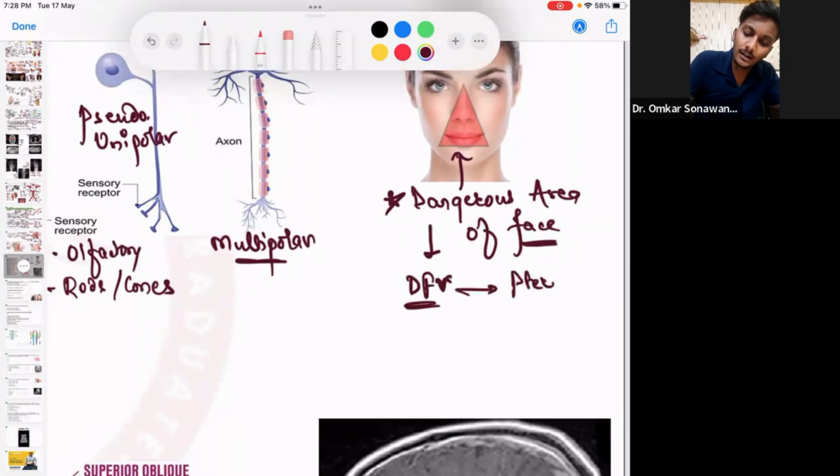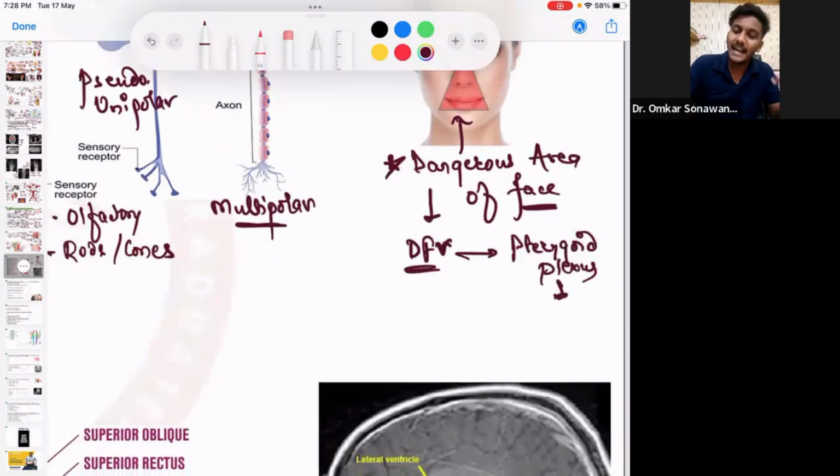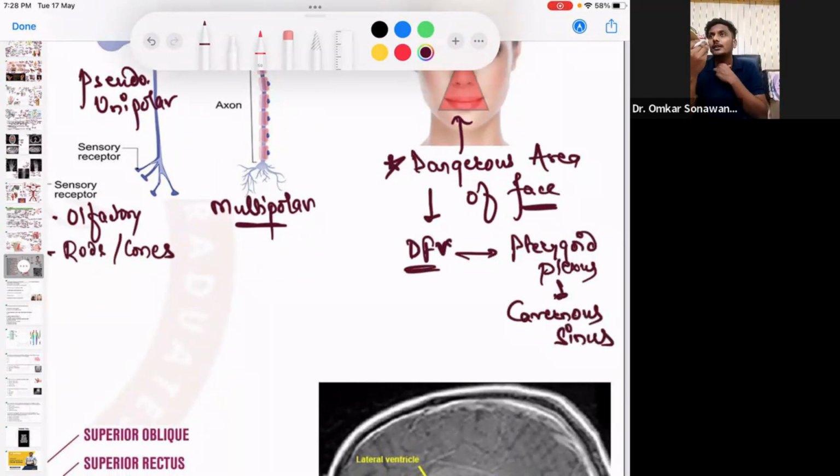That also isn't dangerous by itself. But this pterygoid plexus communicates with the cavernous sinus, and therefore any infection in this area, like a furuncle, can transmit via the deep facial vein to the pterygoid plexus to the cavernous sinus into the brain. Therefore it is a dangerous area. The infection can be directly transmitted to the cavernous sinus via which plexus? The pterygoid plexus.